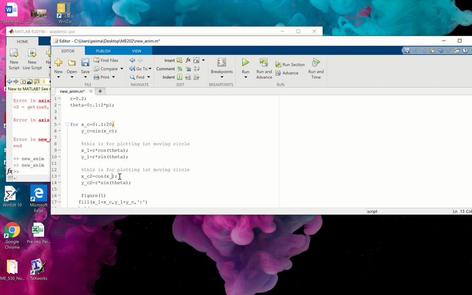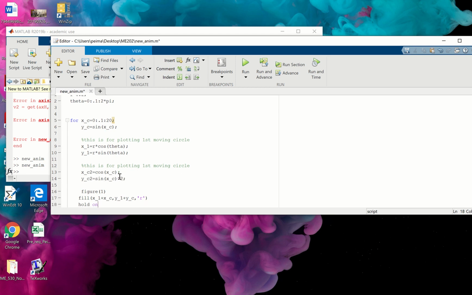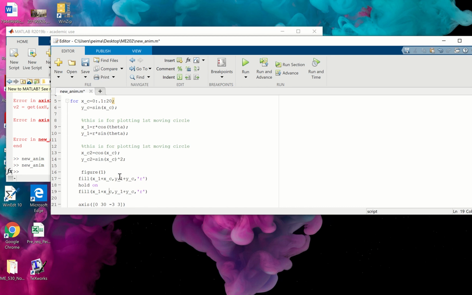Cosine of x underline c, and this is going to be sine of x underline c squared. Who cares? So I'm going to change only the center of the circle. That's right. So we double check.